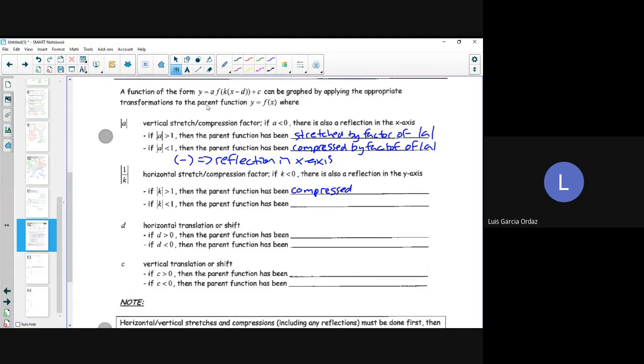Compressed horizontally by 1/k. So if the absolute value of k is less than 1, if it's a fraction, is it compressed or stretched? Stretched. So remember, it's the opposite. So we always have to flip it? Yep. But that's only for the k. Whatever is in the bracket is the opposite of what you think it actually is.